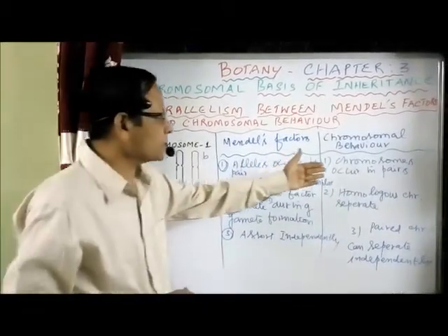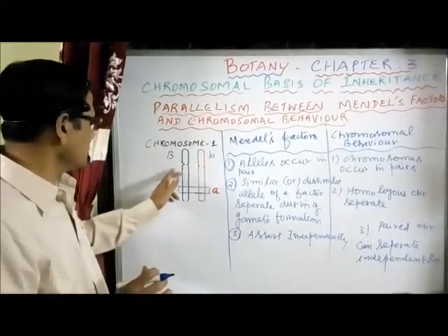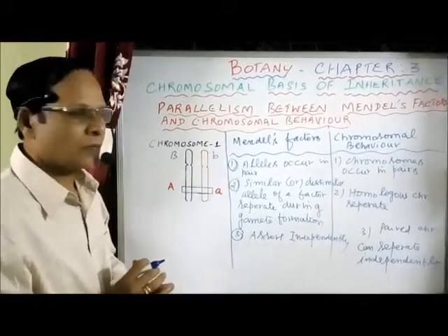The same is the case with chromosome behavior. The homologous chromosomes occur in pairs. There is one similarity.